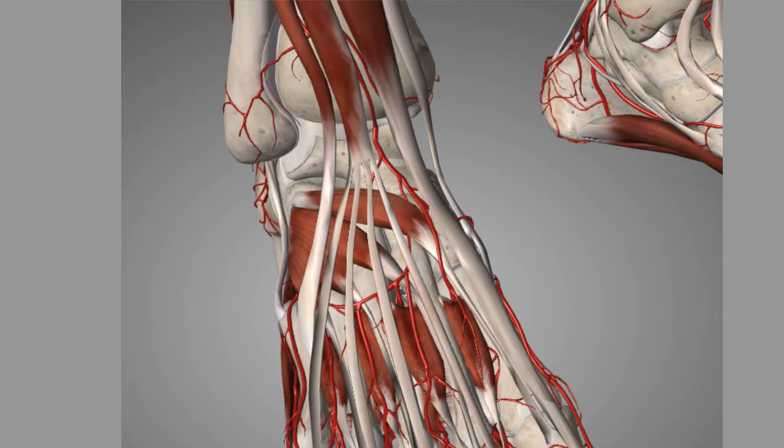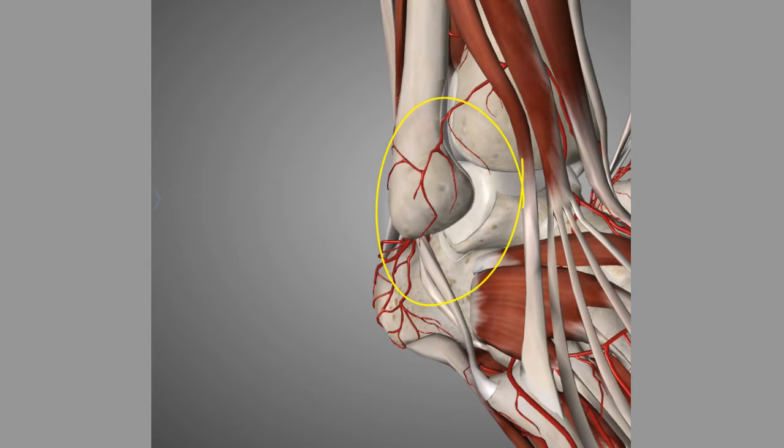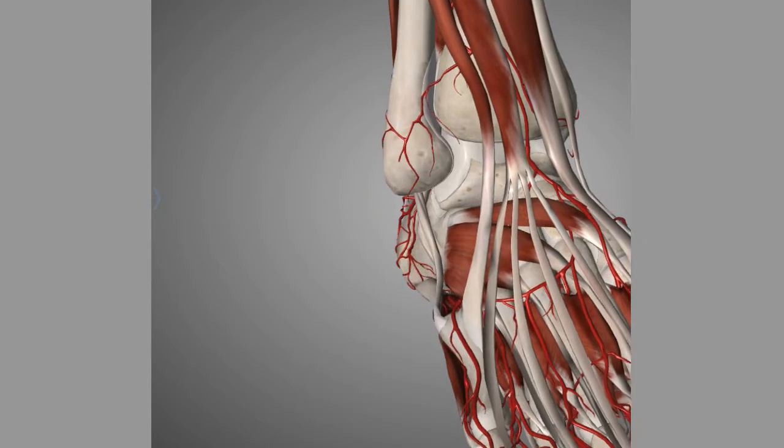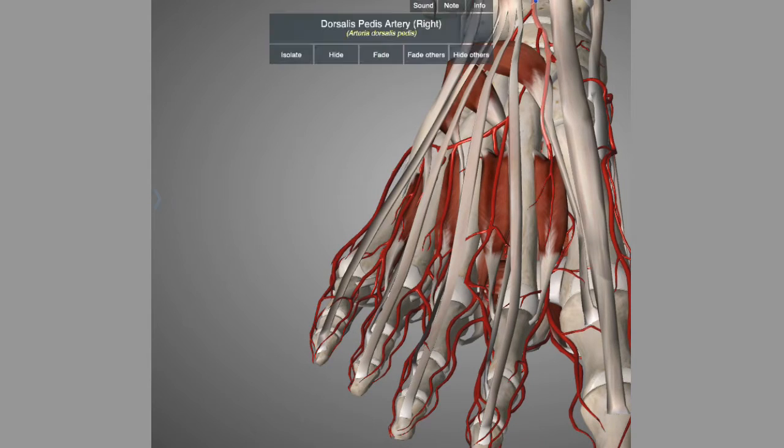In front of the ankle joint, the artery gives rise to an anterior medial malleolar artery and an anterior lateral malleolar artery, which go around the ankle joint and anastomose with the same-named arteries from the tibial and peroneal arteries. Then the anterior tibial artery becomes the dorsalis pedis artery.